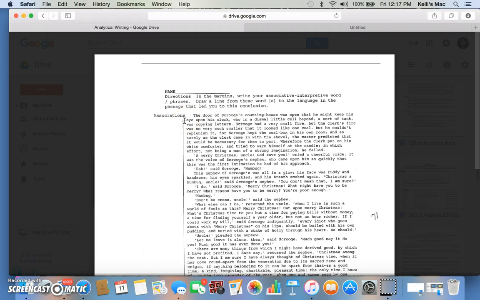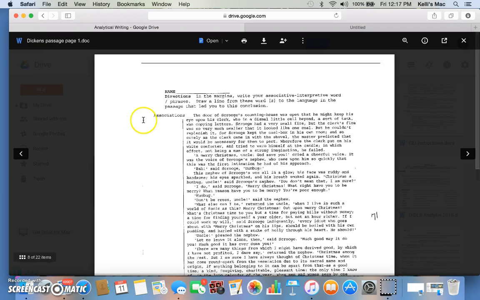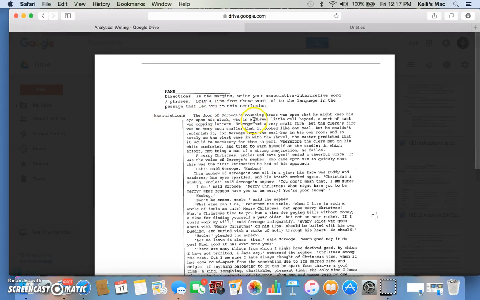Give me 2 words that you think of associatively when he says he keeps his eye on his clerk. How does that make you feel? Ooh, it makes me feel mistrusting and scrutinized. So they might write here out to the side, mistrusting and scrutiny. If we went on, we might say words like dismal little cell. Oh, that's a great image.